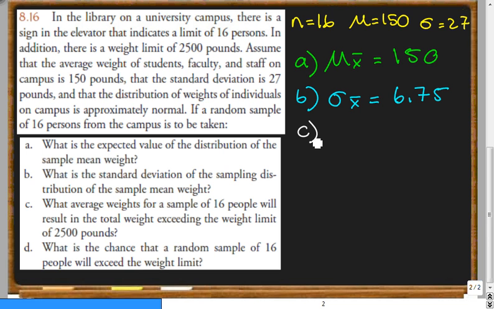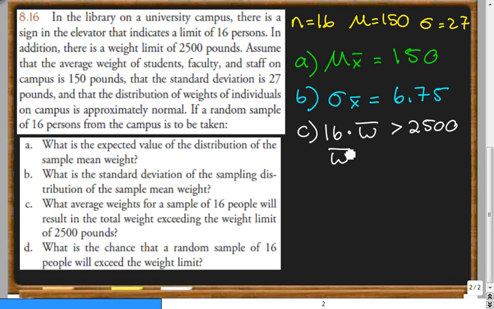C says, what average weights for a sample of 16 people will result in the total weight exceeding the weight limit of 2,500 pounds? So let's just solve. If we have 16 people, and each of them has an average weight, we'll call it W bar, then 16 times W bar has to be greater than 2,500 pounds.